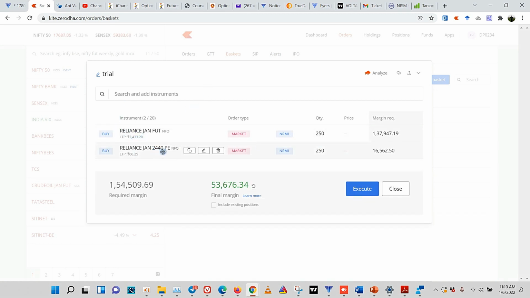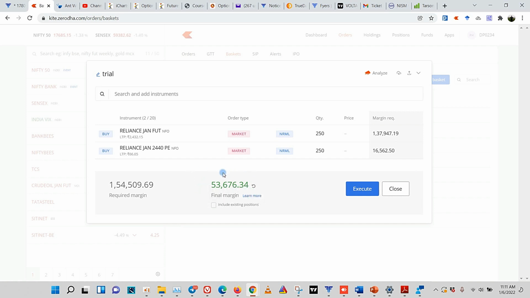If we buy 2440 put, which is slightly in the money, our margin requirement is decreasing from 1,38,000 to 53,600. Margin requirement is decreasing. Total margin required for this position will be 1,55,000, but because of margin benefit, only 53,600 rupees will be required to initiate this position.